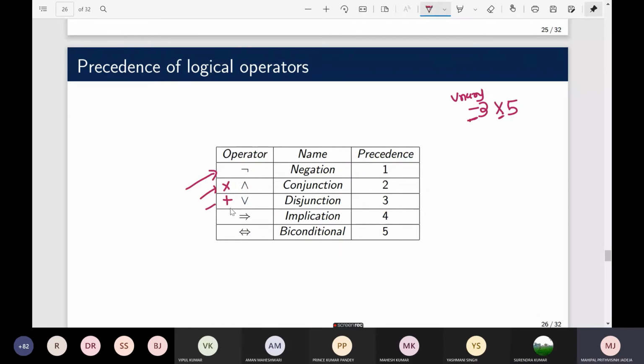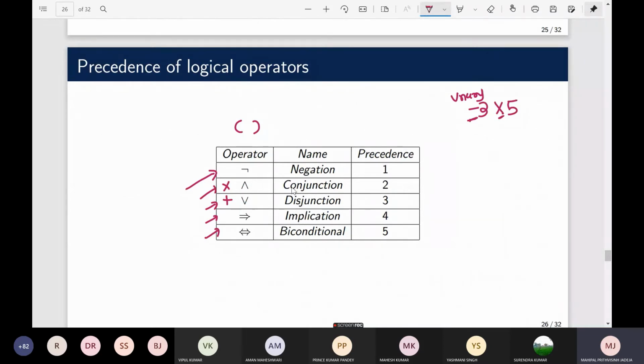So after multiplication we give precedence to disjunction, then we give precedence to implication, and finally we give importance to the biconditional operator. Okay, so that means negation has the highest precedence, and biconditional has the lowest precedence.